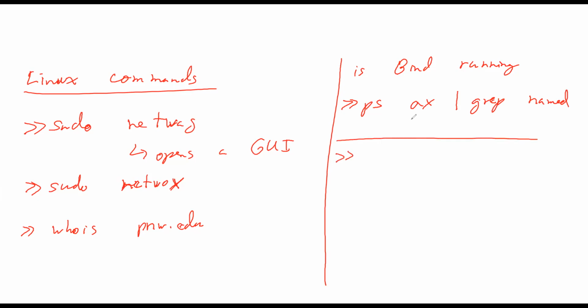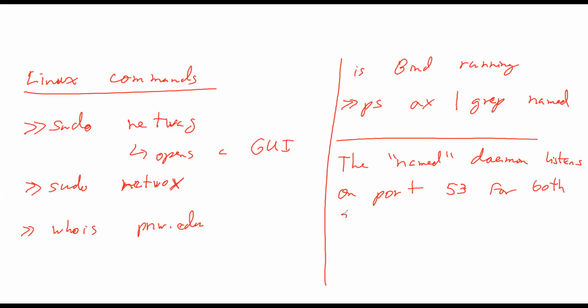So bind, or DNS in this case for Unix, the name server, the named daemon, actually listens on port 53, for both UDP and TCP requests.